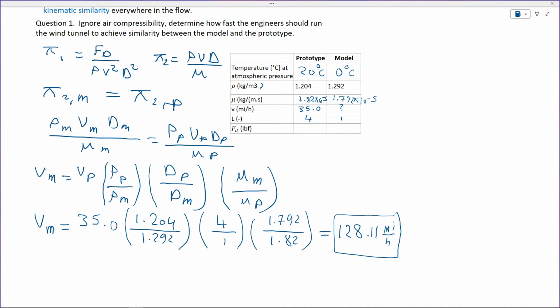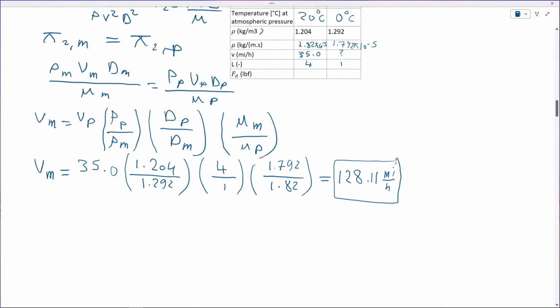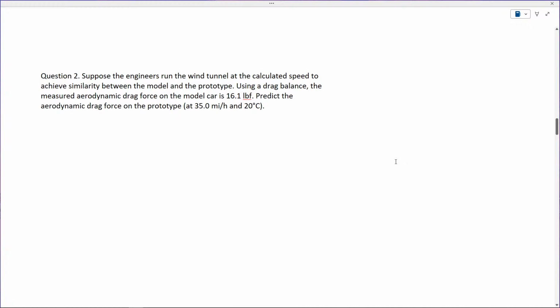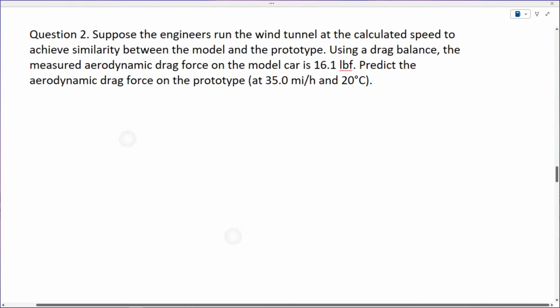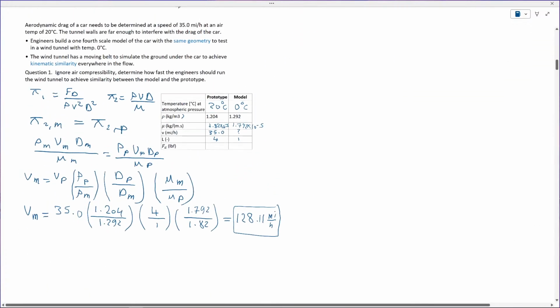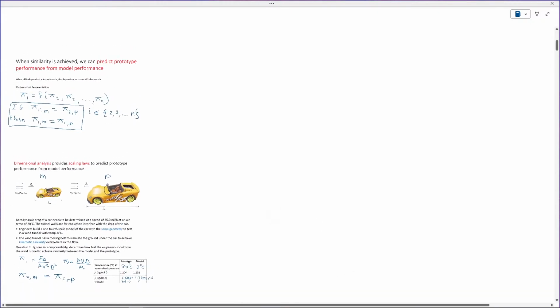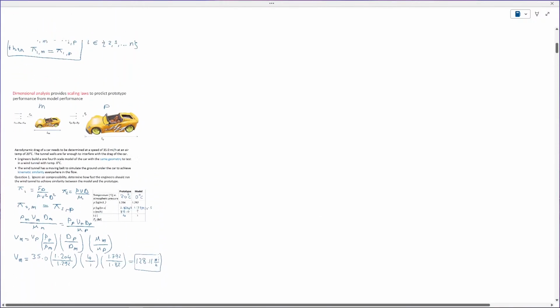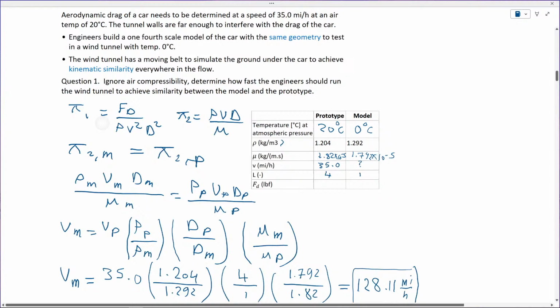Okay, so now let's get to the second question. Suppose that the engineer runs a wind tunnel at the calculated speed to achieve similarity between the model and the prototype. Let's fill one more piece of information in our table. Where's our table?